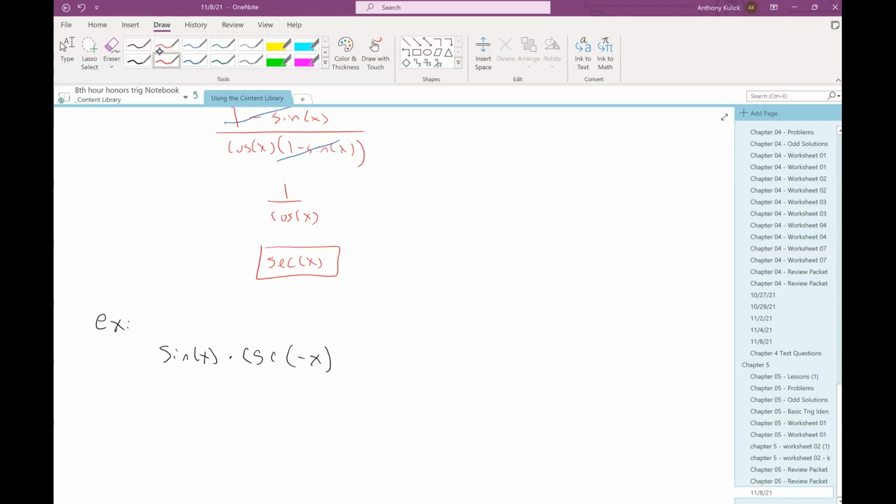So let's use the odd-even identity to rewrite cosecant of negative x as negative cosecant x.